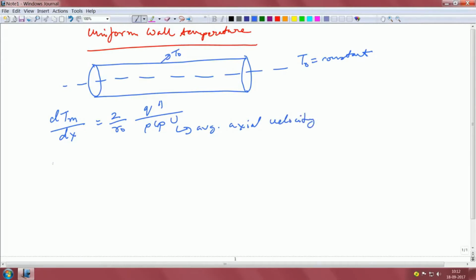Q double prime is equal to H into T naught minus Tm as a function of x.